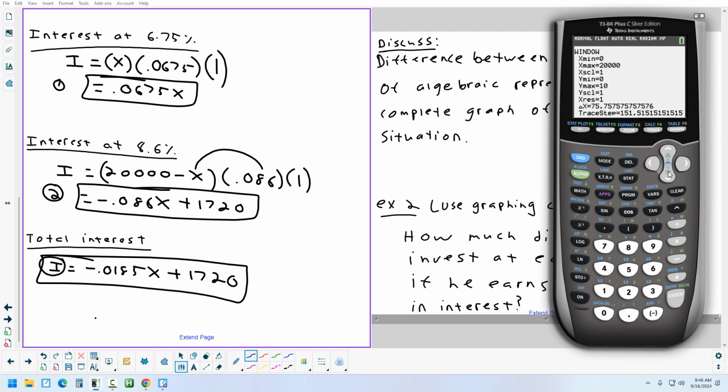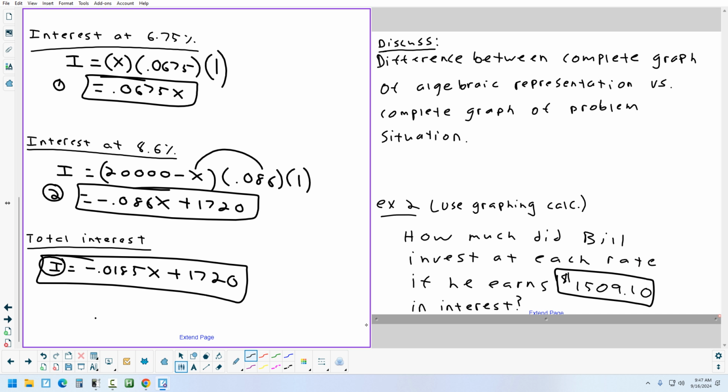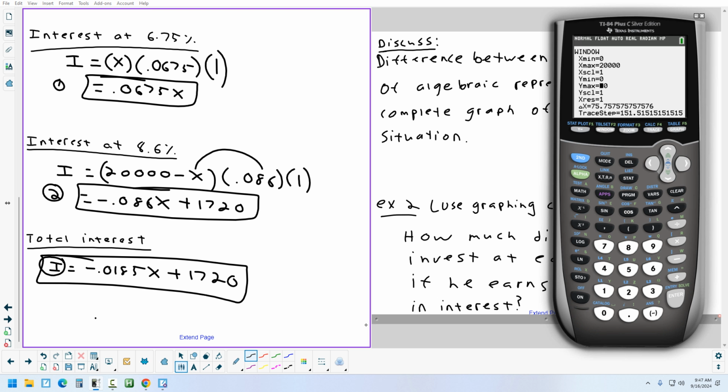That gives you a hint based on a characteristic of that line you're drawing. You need to set your graph at least this high or you're not going to see this special spot. It has a y-intercept of 1720 and it has a negative slope, so it's going to be going down from 1720. I would set your y max maybe 1800. That should be perfect.